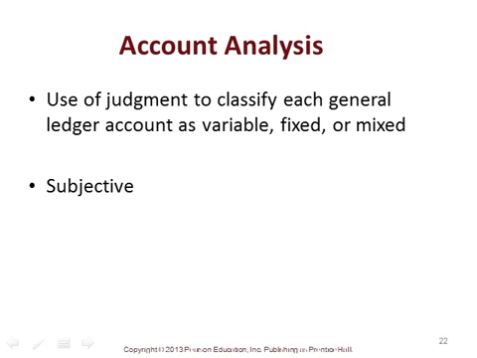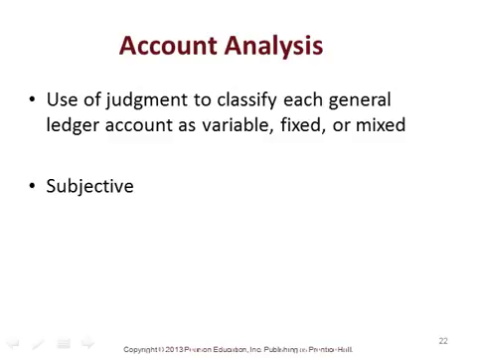So with account analysis, it's very subjective, and we're really just visually determining the strength of a relationship between a cost and volume. We go down our trial balance and we look at each individual general ledger account, and we sort of subjectively decide, well, is that a variable cost or is it a fixed cost?